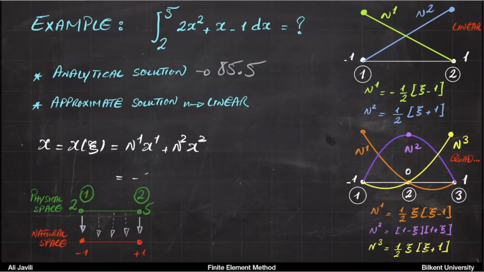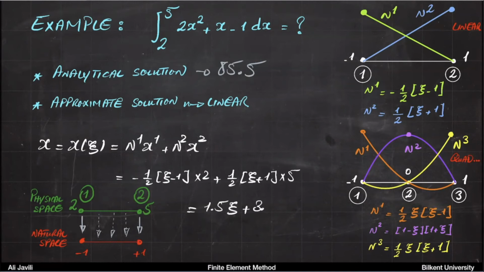So you would have minus 1/2 c minus 1 times x1, and x1 is just 2, plus n2, which is 1/2 c plus 1 times x2, that is 5. If you calculate that, you get 1.5 c plus 3.5.